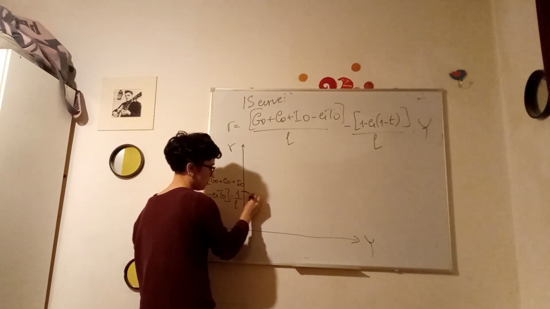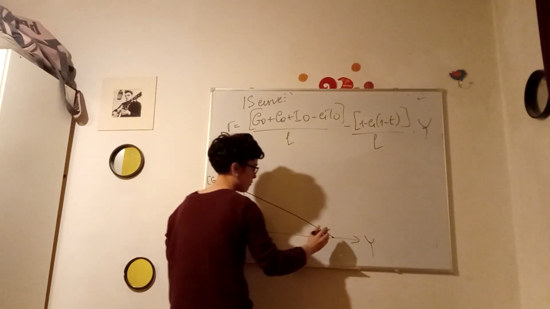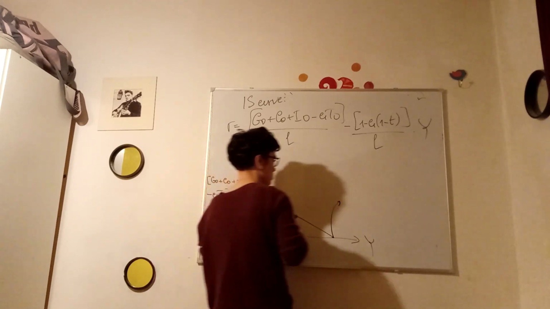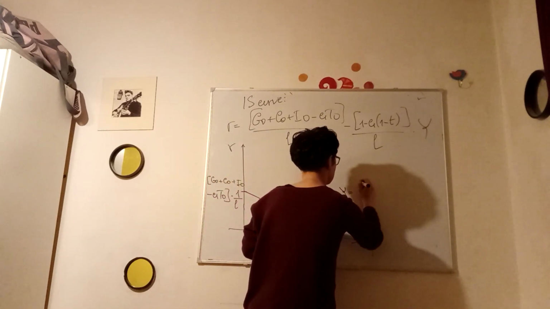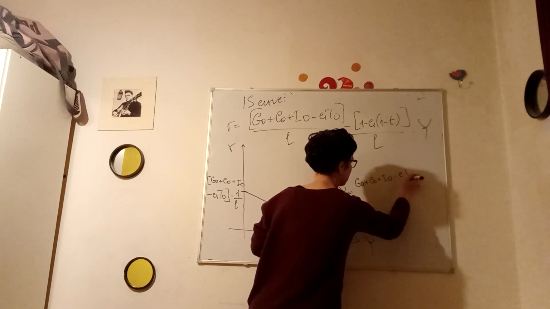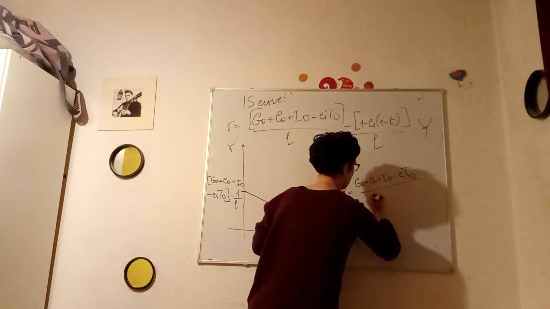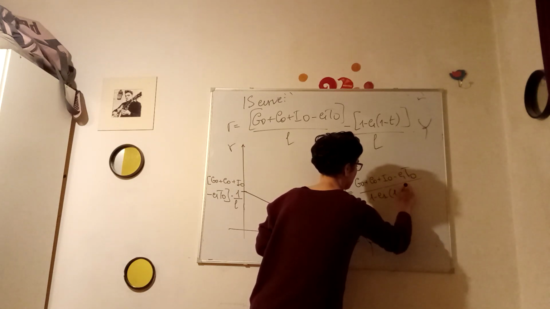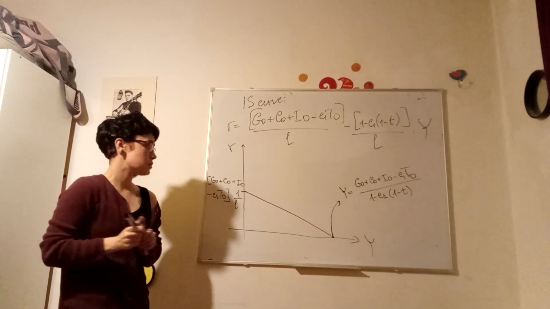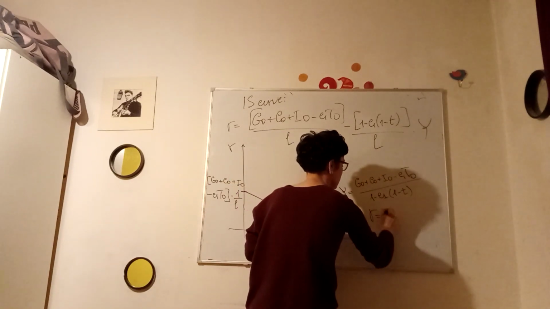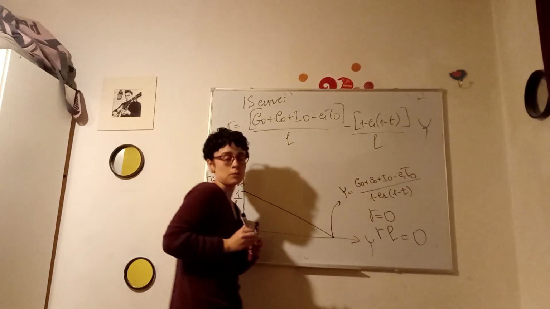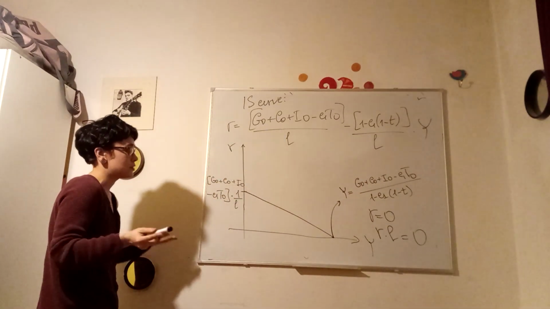And when the interest rate is equal to 0, Y will be equal to G0 plus C0 plus I0 minus C1 times T0 divided by 1 minus C1 times 1 minus T. This is just the equilibrium level of GDP when we assume that the interest rate is equal to 0, and R times L is equal to 0 subsequently.